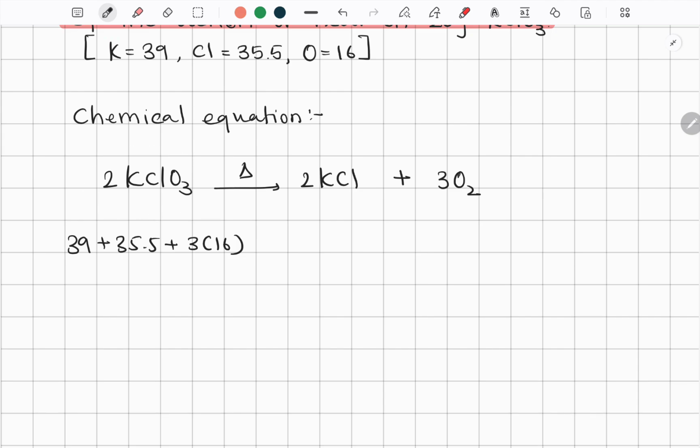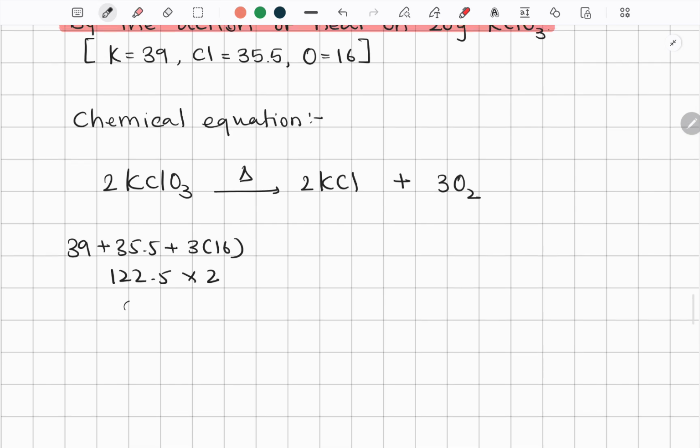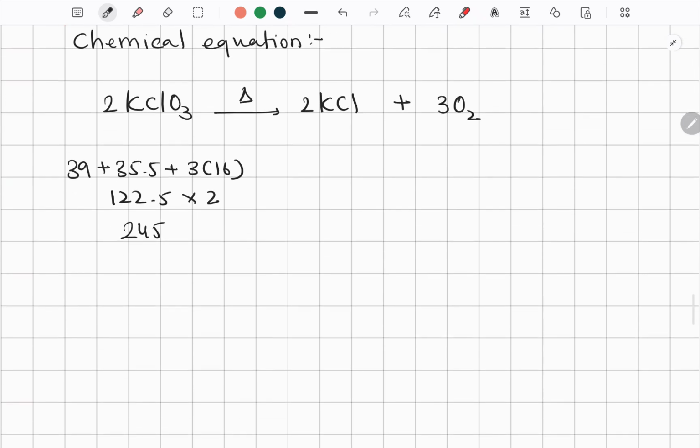So 39 plus 35.5 plus 3 times 16 gives 122.5, into 2, because the stoichiometric coefficient is 2. Multiplying by 2, you get 245 gram.